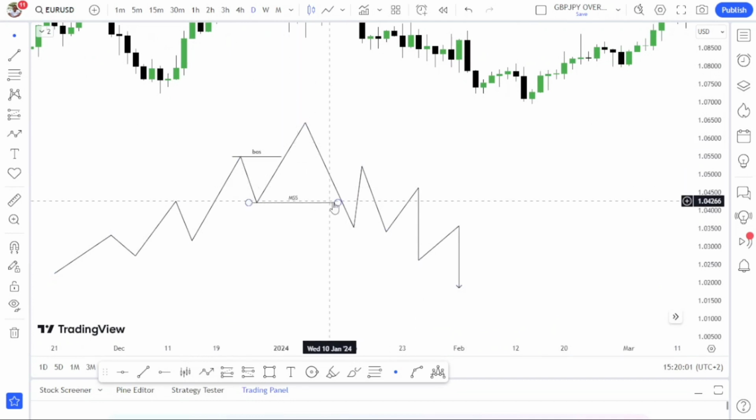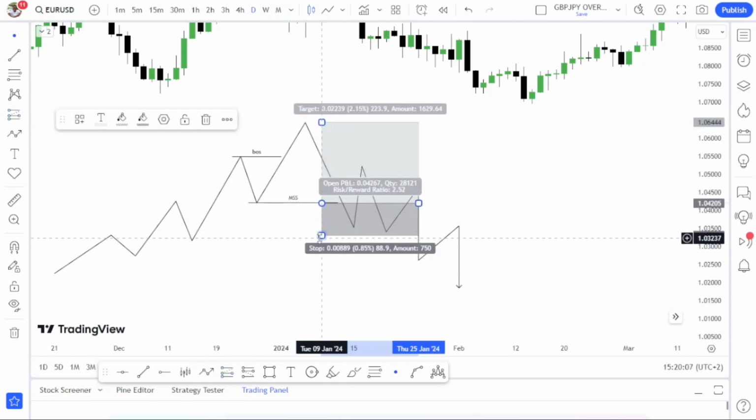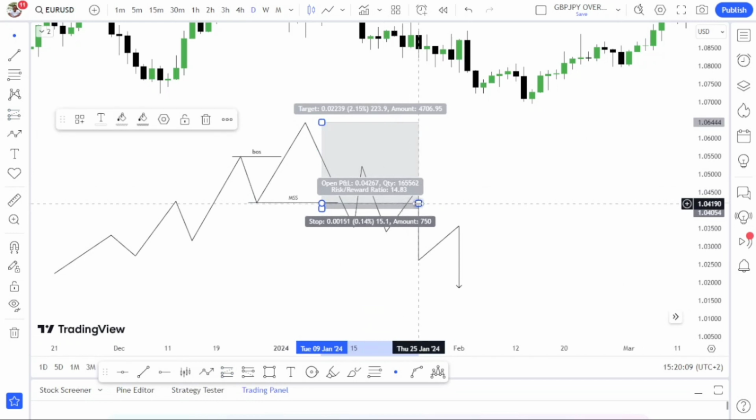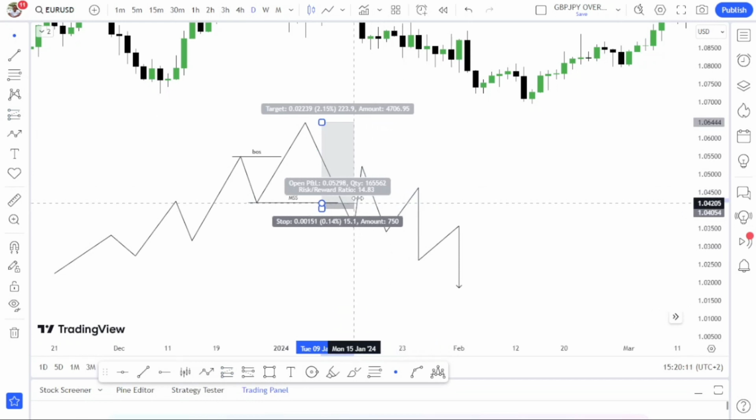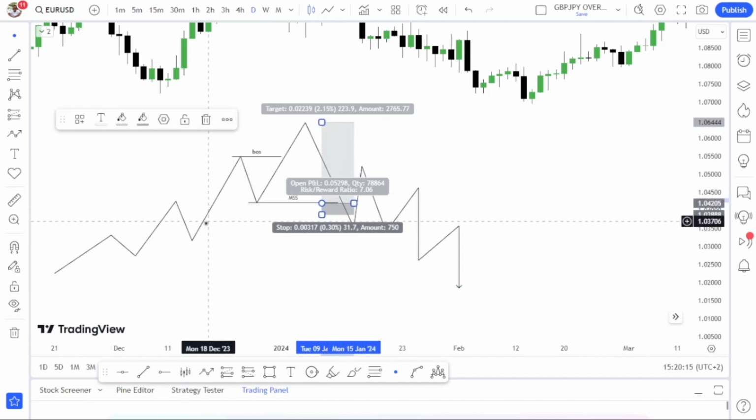Or maybe you were waiting to take your buy orders right here from this point to this high again, and unfortunately got stopped out. But the good thing about trading this strategy is you risk a minimal amount to make a good amount. Okay, imagine having a 1 to 7 risk to reward. You only risk that percentage to be able to make a large amount. Okay, depending on your account size and your lot sizing.